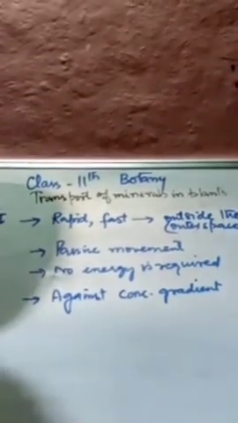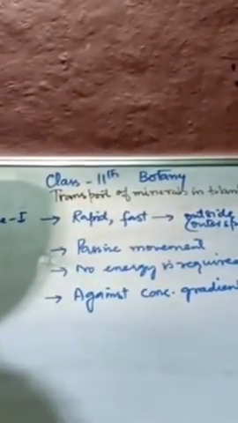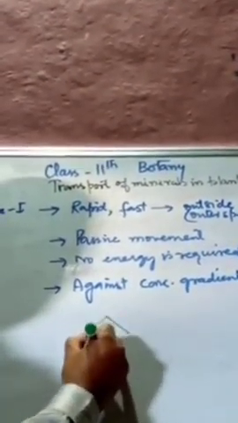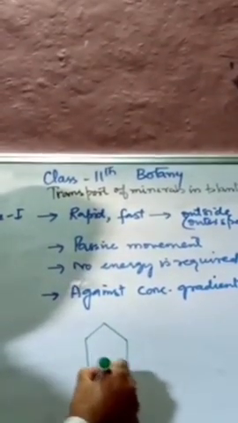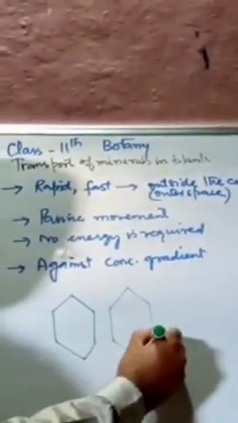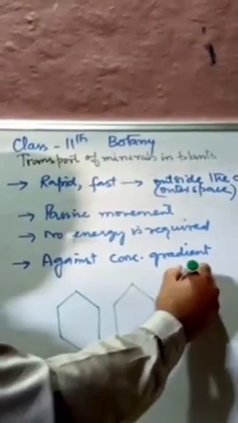Now what happens if we draw a simple diagram, two or three cells. This is one plant cell. This is another plant cell. This is the third plant cell.